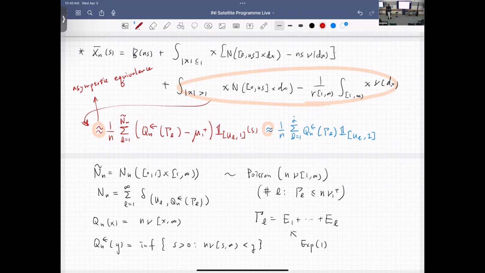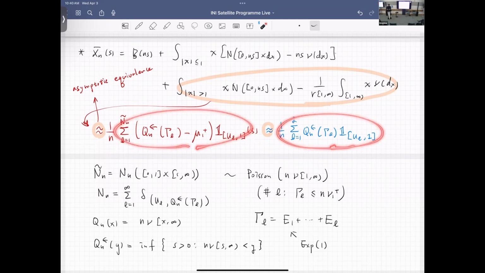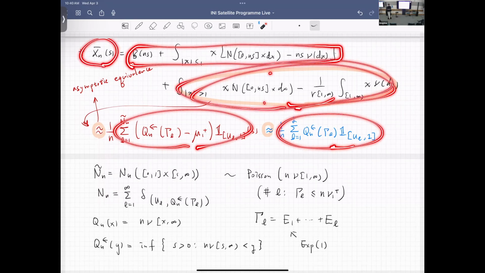But basically, if you have asymptotic equivalence, then it means that they satisfy the same LDP. So the way we proved this was that this satisfies the same LDP as this one, which satisfies the same LDP as this one. And again, this one and this one satisfy the same LDP.